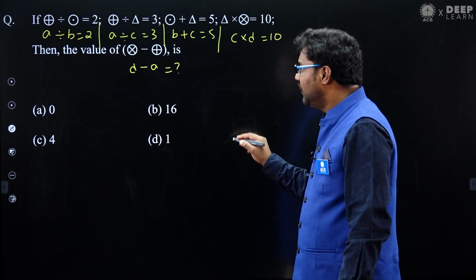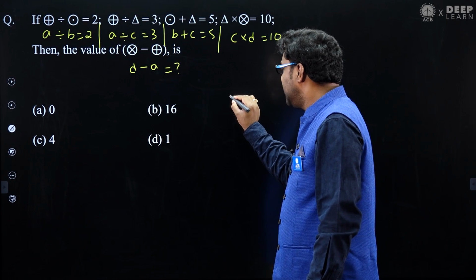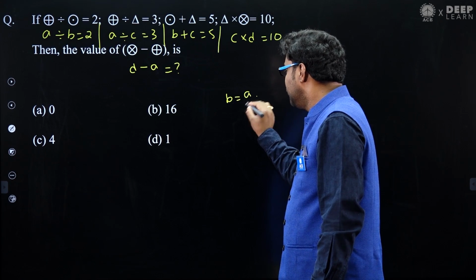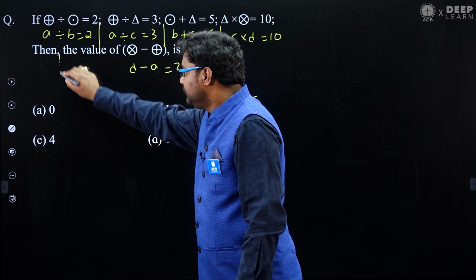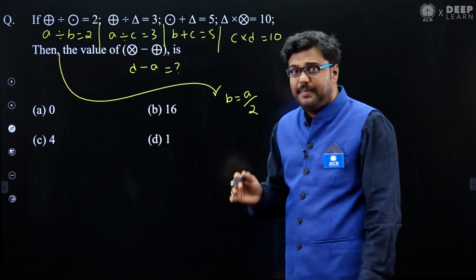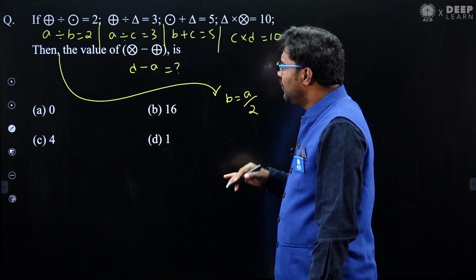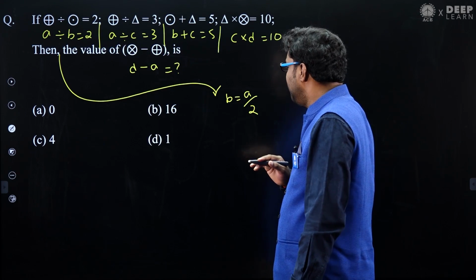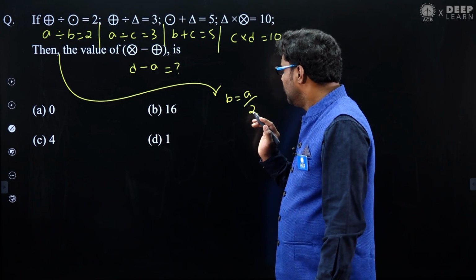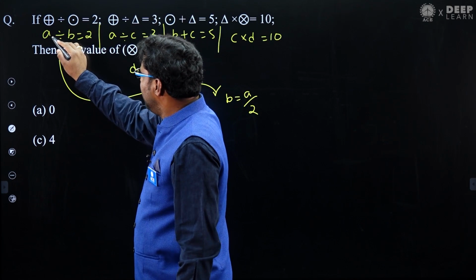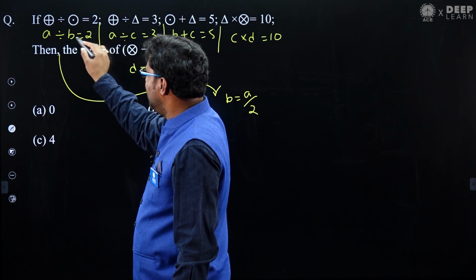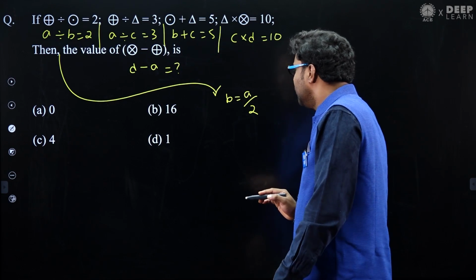First equation: A by B is equal to 2, so B is equal to A divided by 2. That's cool.